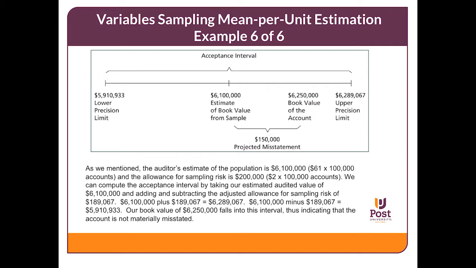We can compute the acceptance interval by taking our estimated audited value of $6,100,000 and adding and subtracting the adjusted allowance for sampling risk of $189,067. $6,100,000 plus the $189,067 equals $6,289,067.